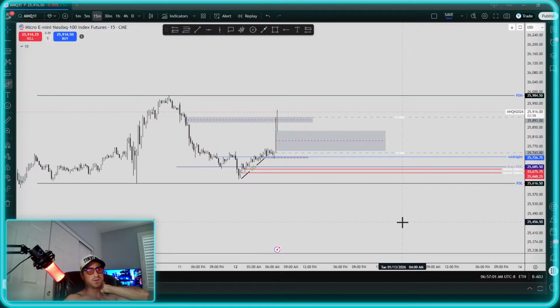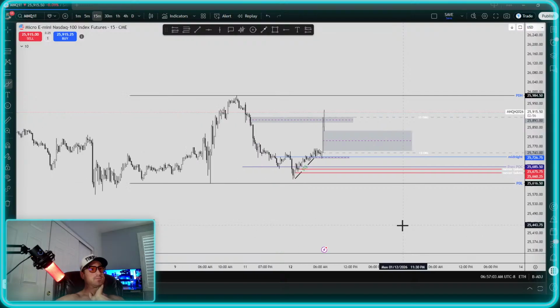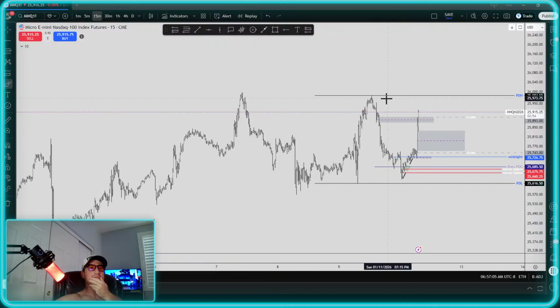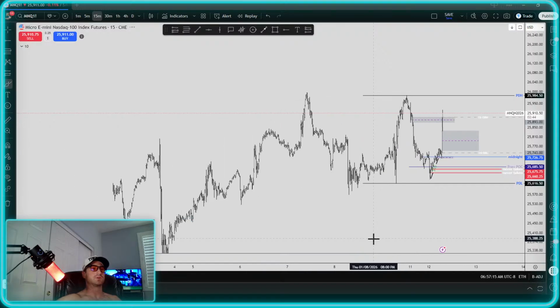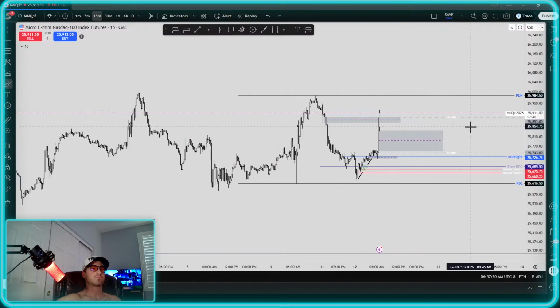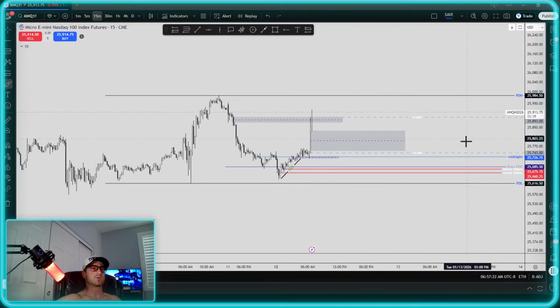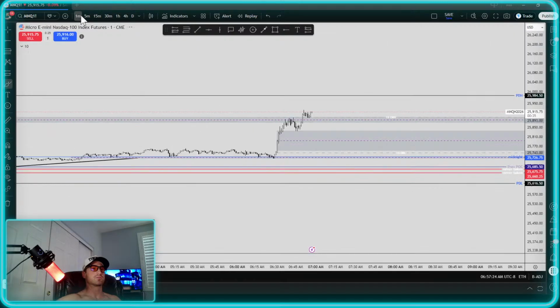Otherwise, it's just kind of annoying. At this point, I want to see us take out previous day's high. Will we get it in this session? Maybe, but there was really no good pullbacks.